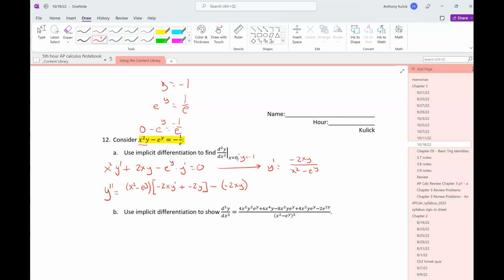Okay, and then I have the top times the derivative of the bottom, all over the bottom squared.